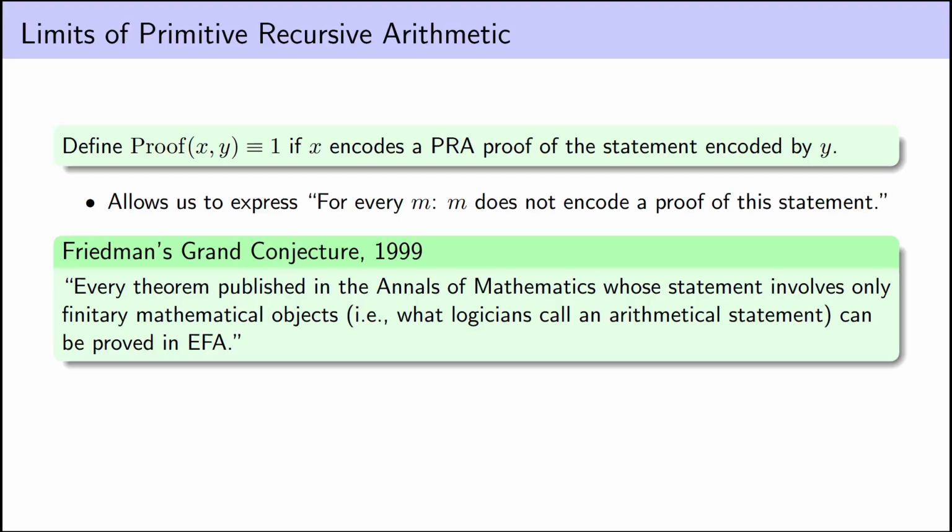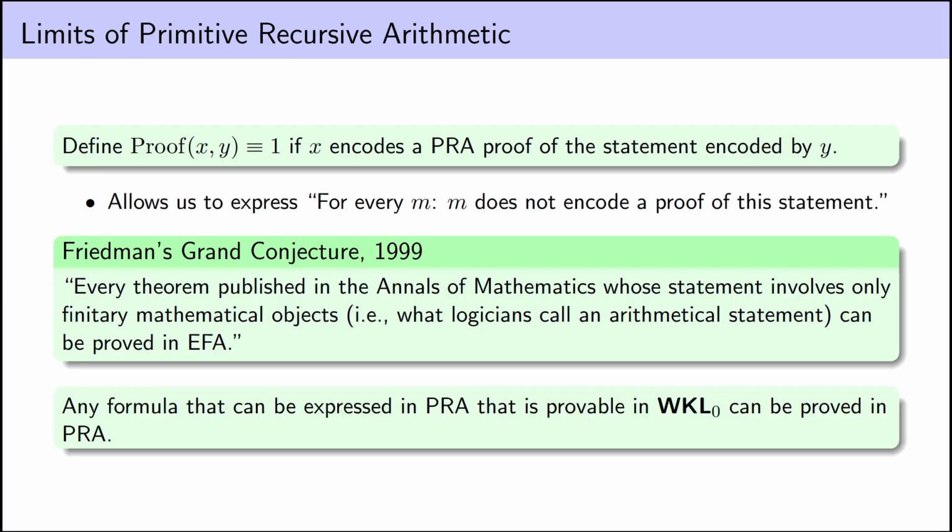And this is really just a fancy way of saying that we aren't likely to encounter statements that can be expressed but not proved in primitive recursive arithmetic in everyday mathematical research. And there are various theorems that suggest that this might actually be true.